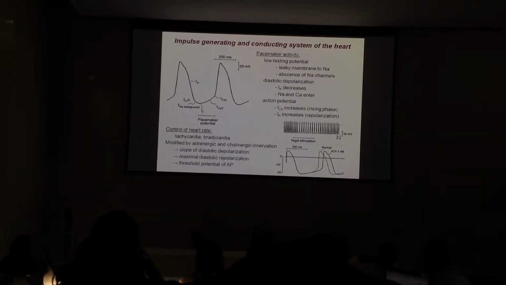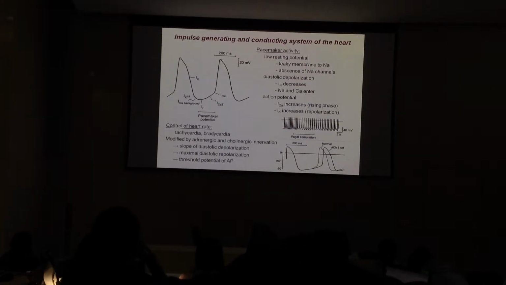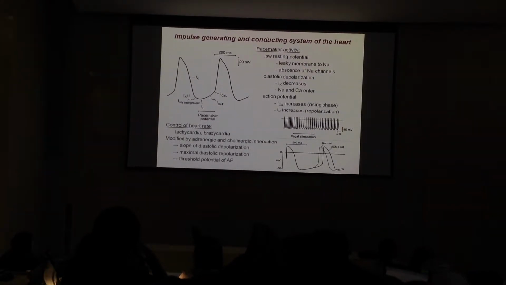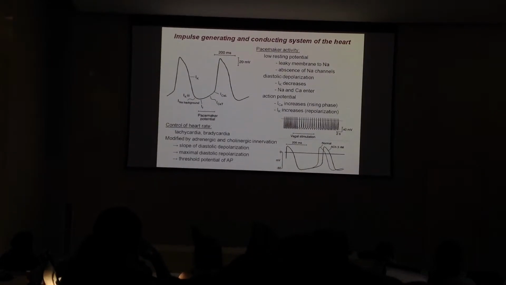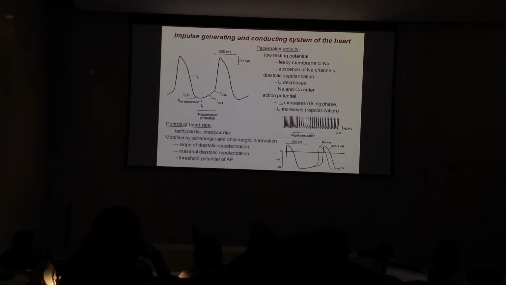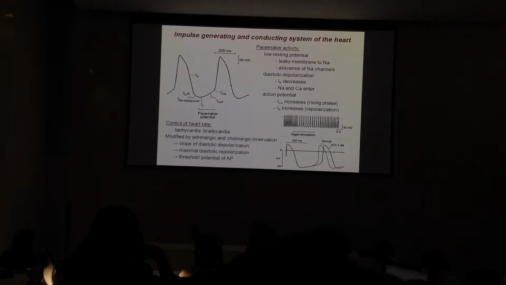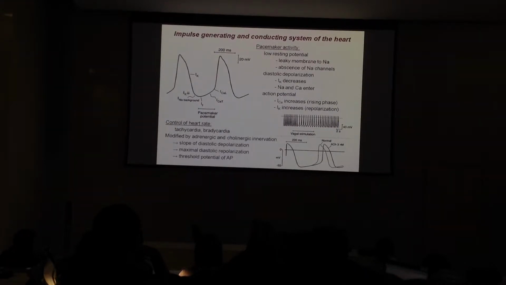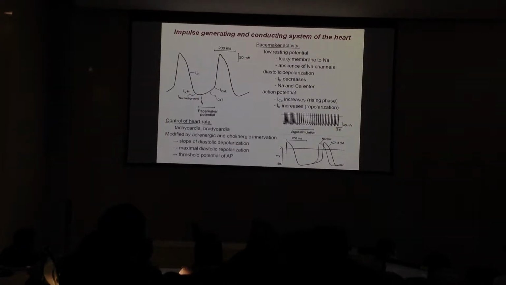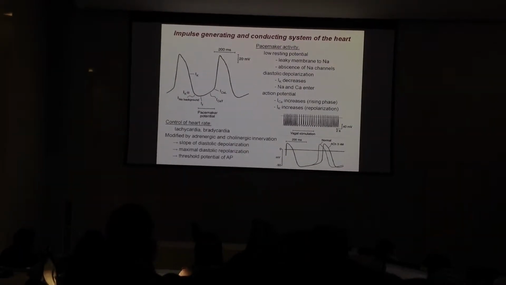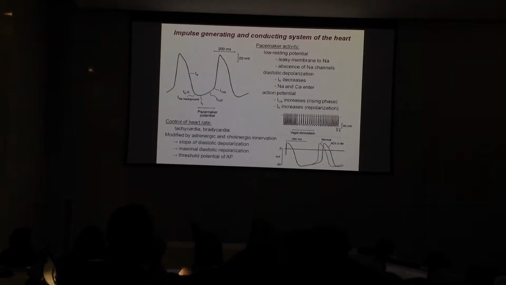And this is because this membrane is leaky for the sodium ions. So the resting sodium permeability is not so small as in the neural structure or the skeletal muscles, but the sodium activity is a little bit higher. Therefore, the sodium permeability results in less negative resting potential.